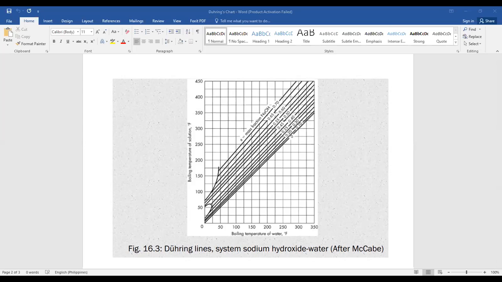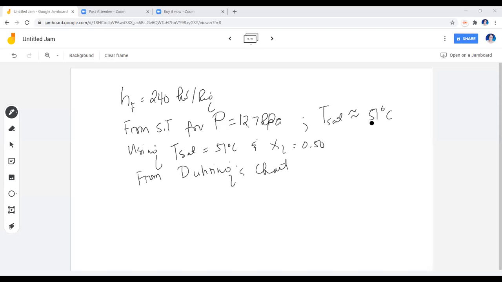Okay. Our saturation temperature is 51. So we need to convert this to Fahrenheit. Can you please convert this centigrade or Celsius to Fahrenheit?